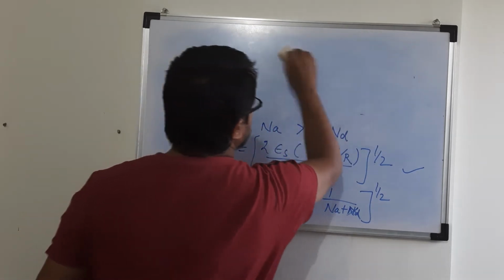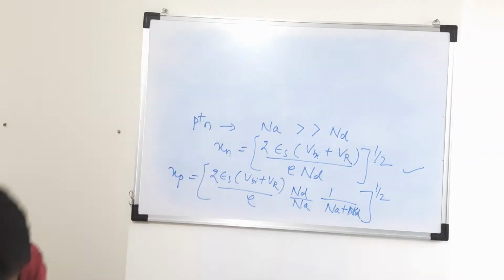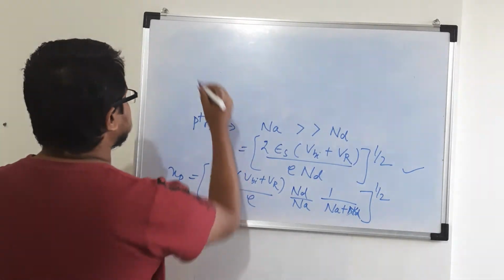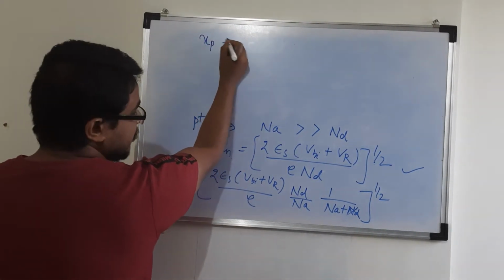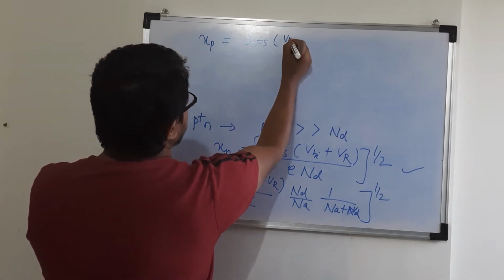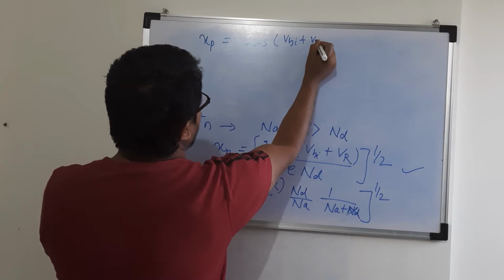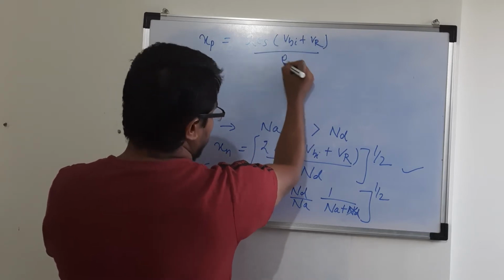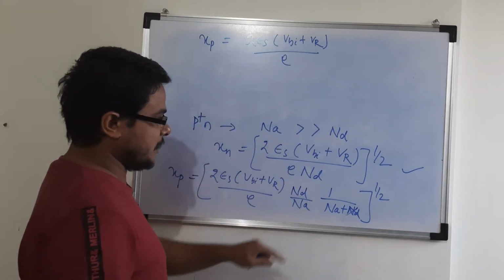So if I rewrite the value for xp for a p plus n one-sided junction, what is xp? We got xp is equal to 2 epsilon s Vbi plus Vr divided by E, and then we have this Nd as it is.